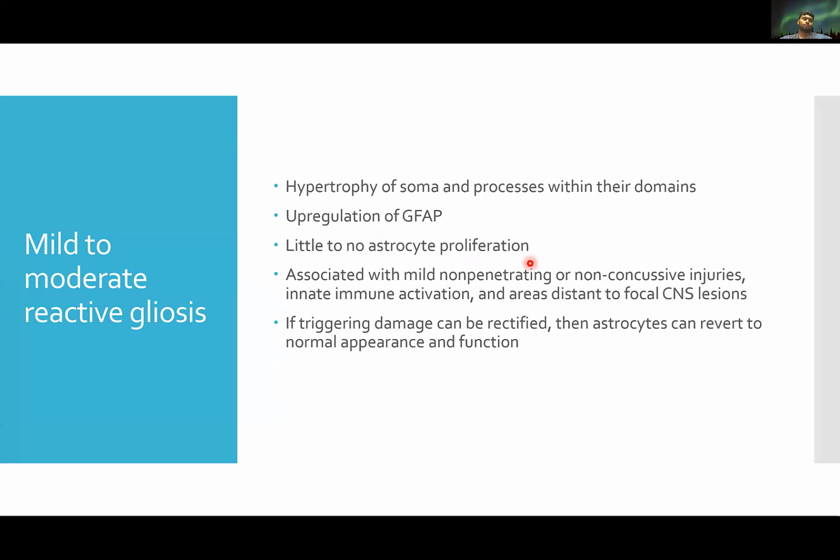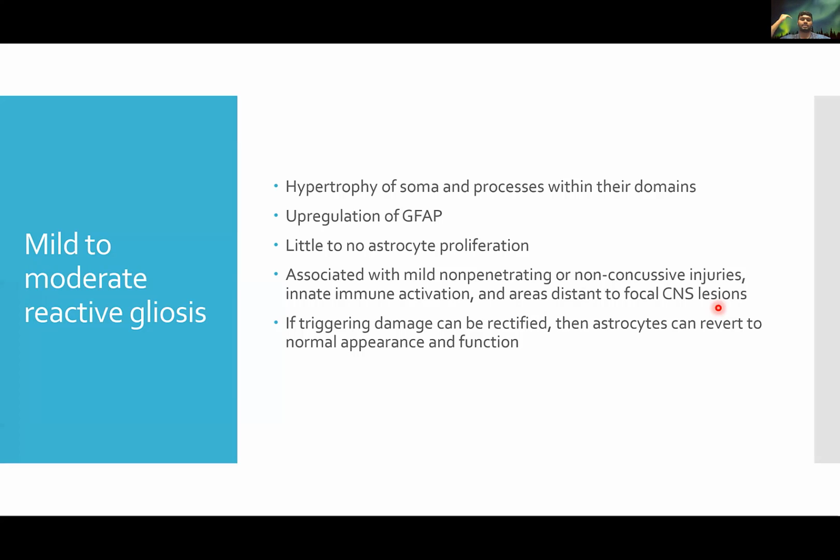And as I said before, mild to moderate reactive gliosis occurs in relatively minor CNS damage. So mild non-penetrating or non-concussive injuries, innate immune activation, such as microglial activation, detecting foreign objects and immediately phagocytosing them and releasing some inflammatory cytokines, and also areas distant to focal lesions. This is an important thing to discuss because even in something such as, let's say, a gunshot to the brain, the area immediately around the impact will have very severe gliosis and scarring.